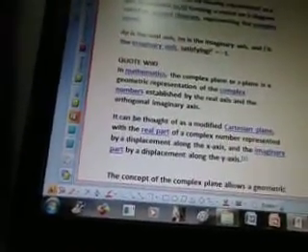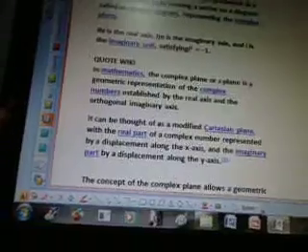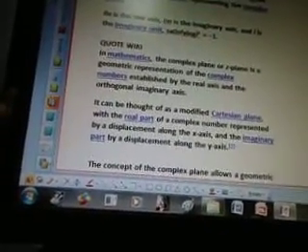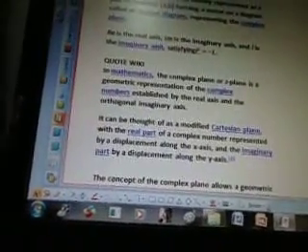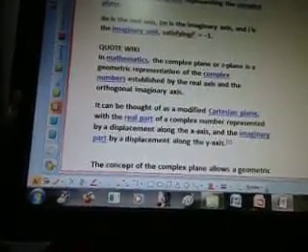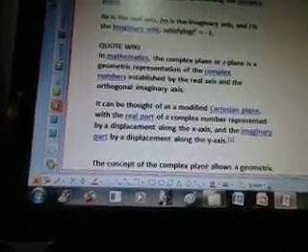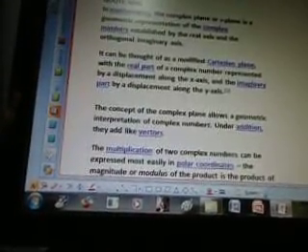Quotes from Wiki. In mathematics, the complex plane or z-plane is a geometric representation of the complex numbers established by the real axis and the orthogonal imaginary axis. It can be thought of as a modified Cartesian plane with the real part of a complex number represented by displacement along the x-axis and the imaginary part by displacement along the y-axis.